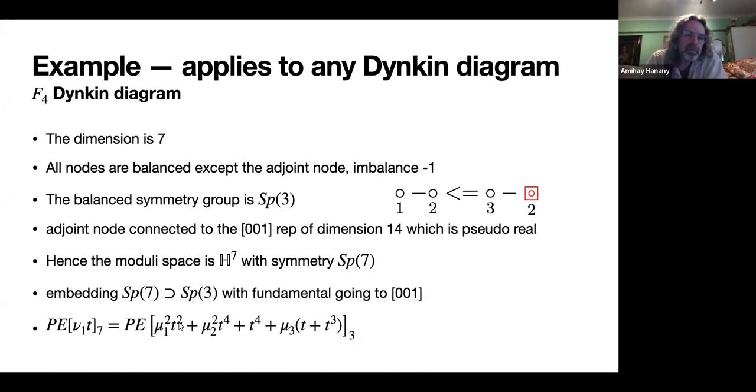Here, the first term denotes the adjoint representation of Sp3 at order t squared. So those are what we would expect from an Sp3 symmetry. I get the representation here, which shows up in the second symmetric product of the adjoint representation at order t4. And there is another trivial representation at order t4. And most importantly, the third rank representation, which shows up at order t and at order t cubed.